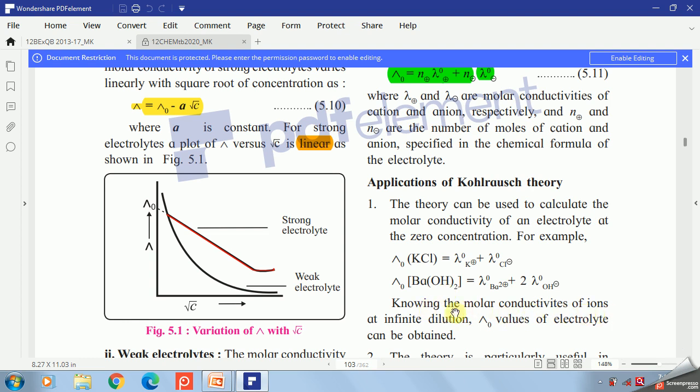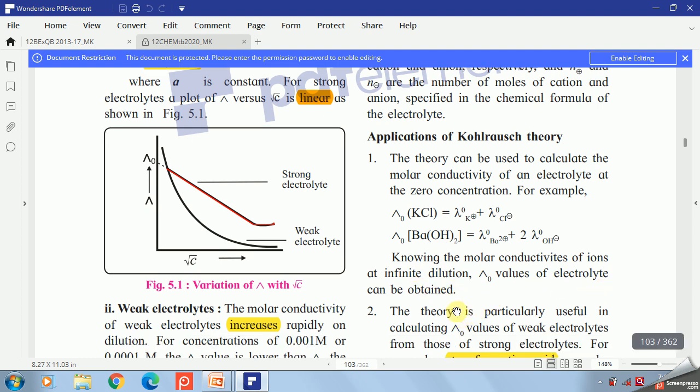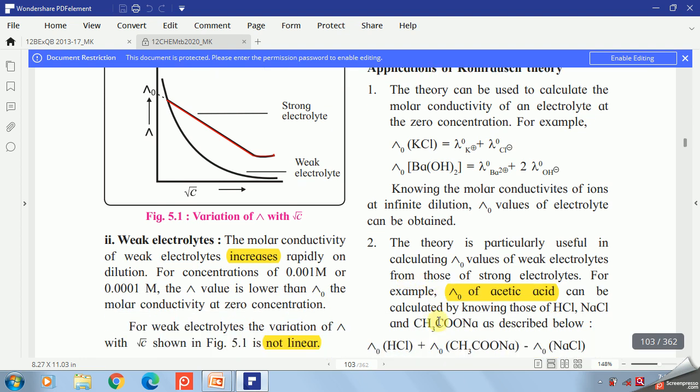So knowing the molar conductivities of ions at infinite dilution, the lambda 0 value of an electrolyte can be obtained. One more application, just as we discussed with this graph, is that it is used for calculating the lambda 0 value of a weak electrolyte from those of strong electrolytes.